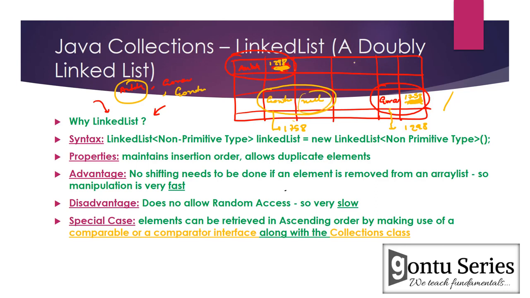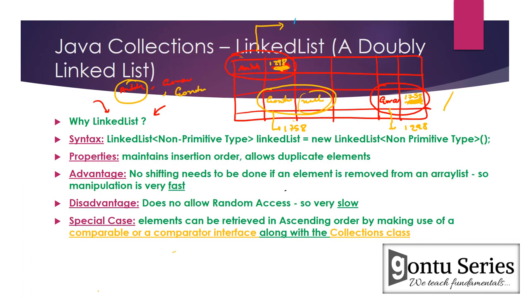So one element is pointing to another element, which is pointing to another element. What I'm calling a portion in the RAM, this value and the address of the next element, is technically called a node in programming.